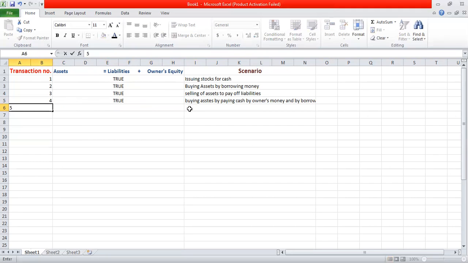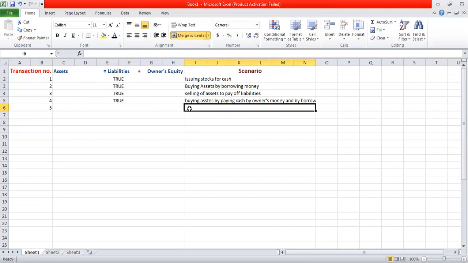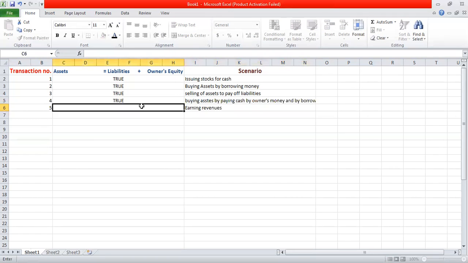Transaction number 5, earning revenues. There is an increase in the cash, and as the profits or revenues belong to the owner, so there is also an increase in the owner's equity.